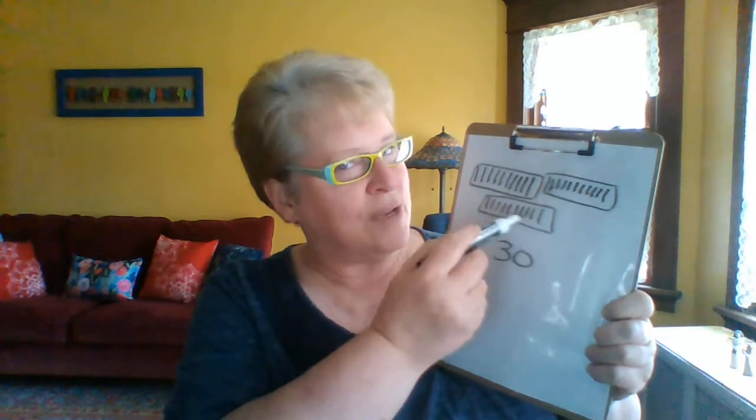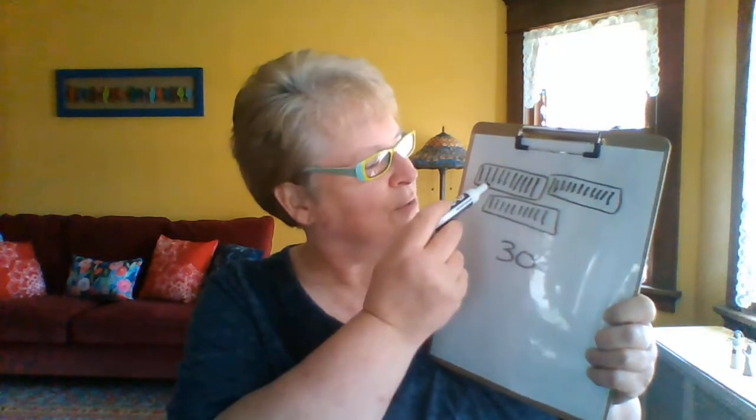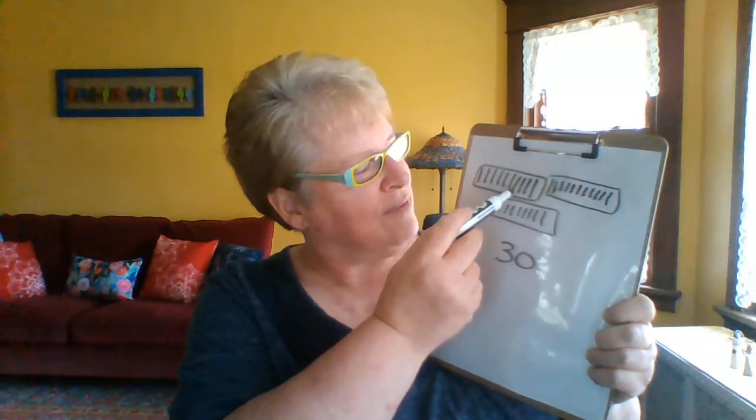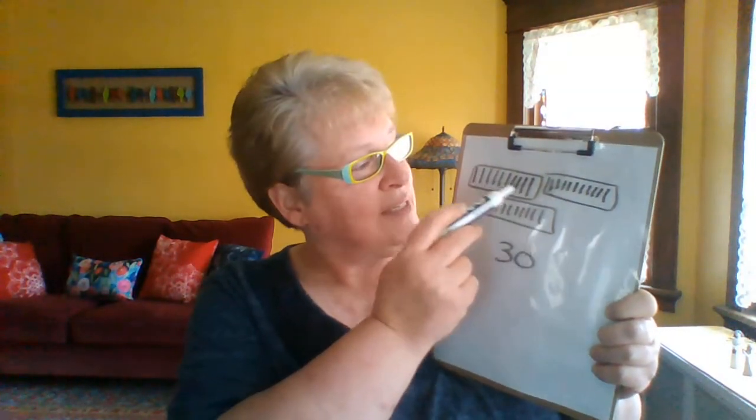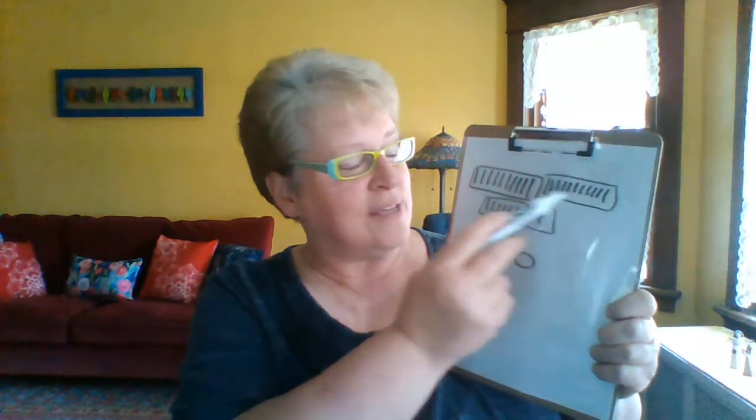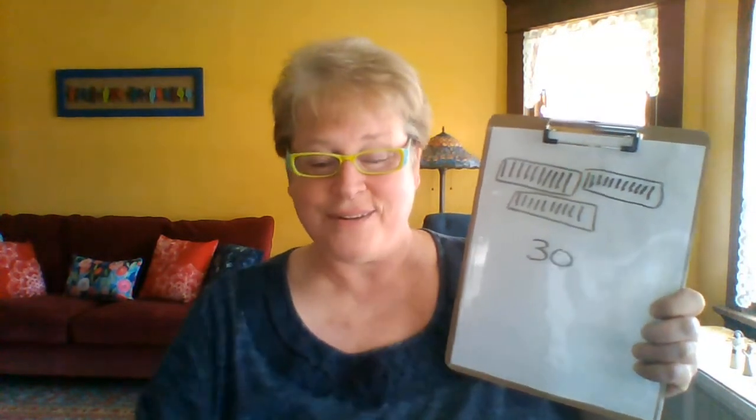Here is 3 groups of 10 tens. But there's 1, 2, 3, 4, 5, 6, 7, 8, 9, 10 in each of these groups. 10, 20, 30. Is that 30 groups or 30 tens? Yes, it is. Good job. So looking at these different ways is kind of interesting because we play with numbers when we do math.